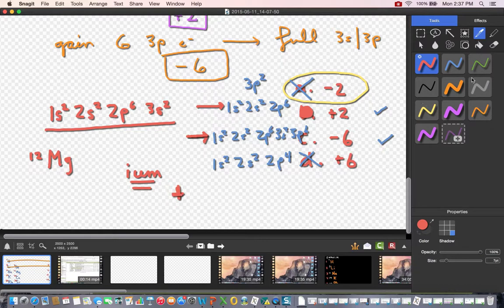It cannot be a negative charge, meaning C should be eliminated and A should be eliminated. And a +6 doesn't result in a noble gas. D should be eliminated. We still come to B as our answer. So there are a lot of different ways you can attack this problem, but we have to come to the conclusion that B is the best answer.